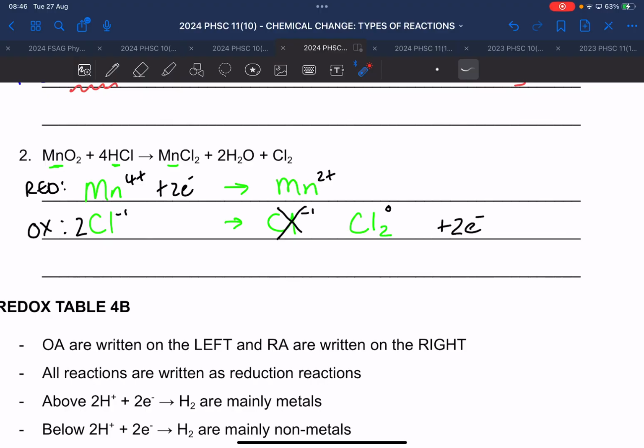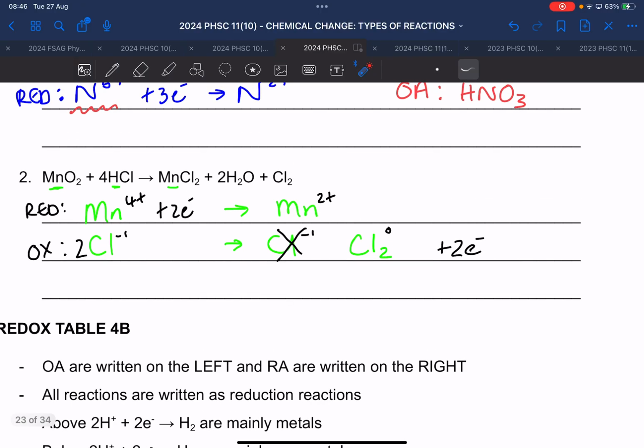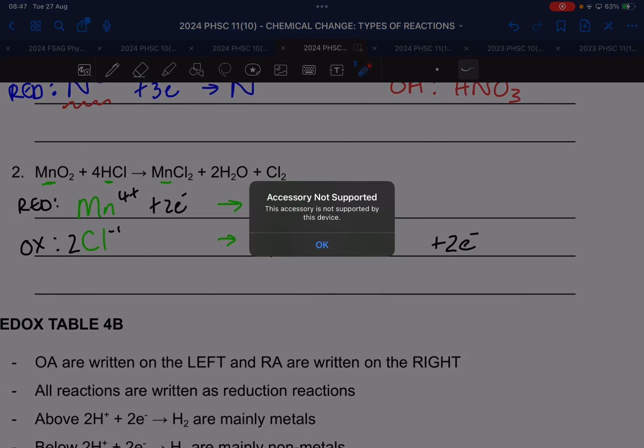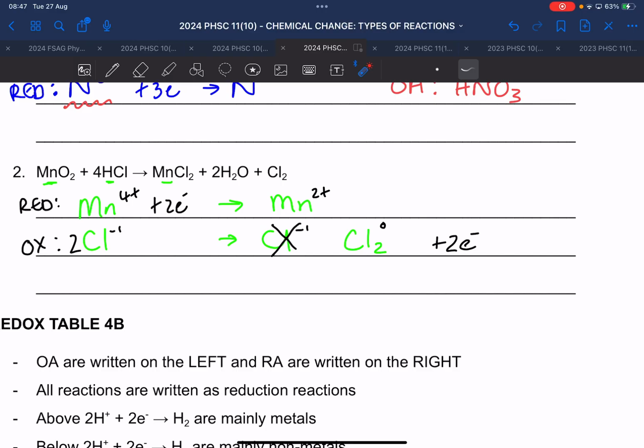Then I'll ask you to write down the reducing agent and the oxidizing agent. Which one is the reducing agent? No, but you're in the right reaction.